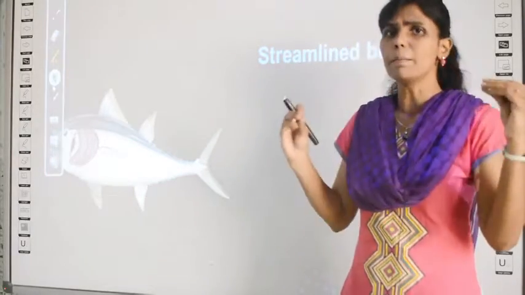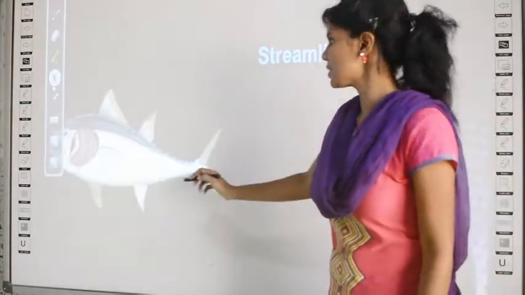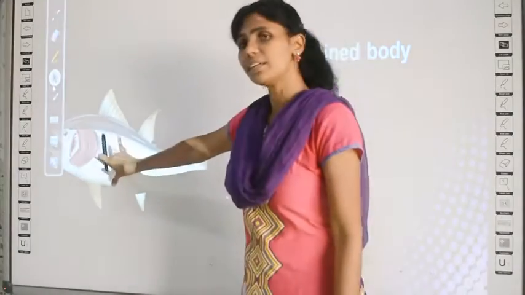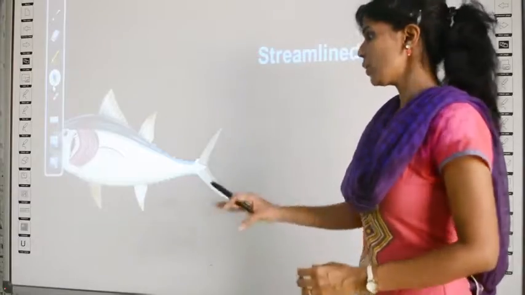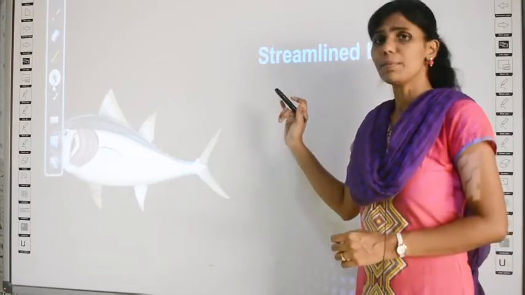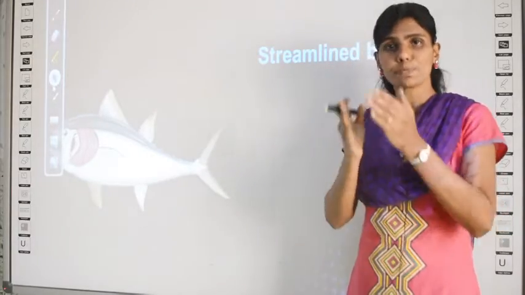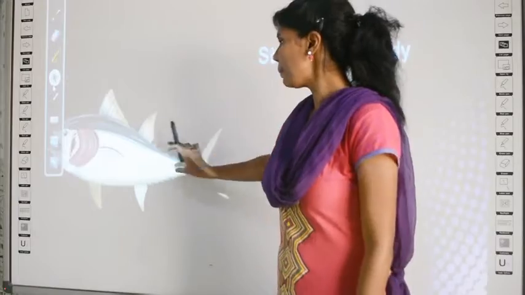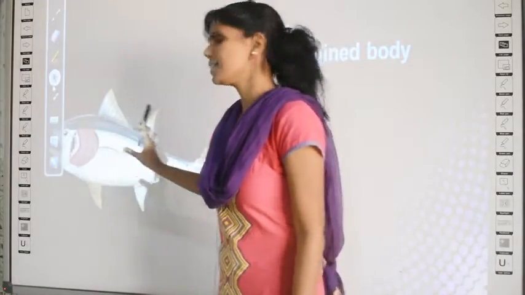Tapered means it will be in narrow position. See here, this and this region is narrow and the center region is broad, no? So this is called tapered region. So streamlined body means a body which is broader in the center and tapered in the head and the tail region.